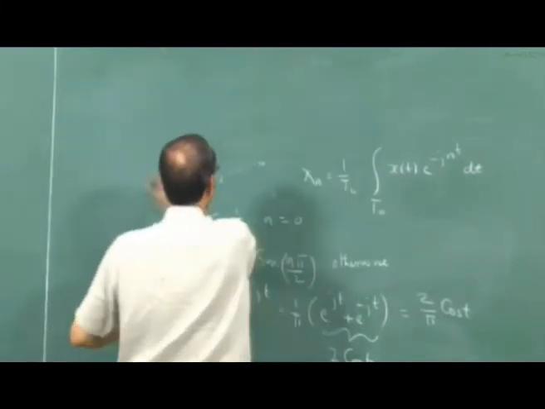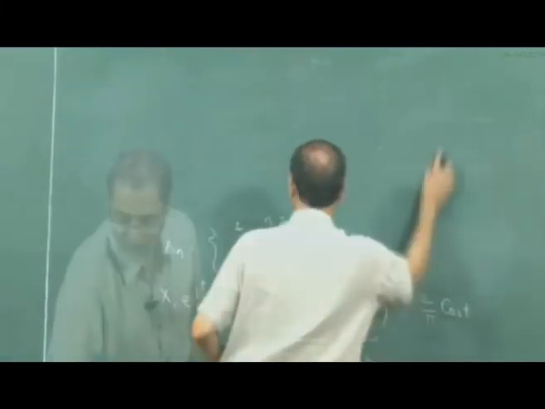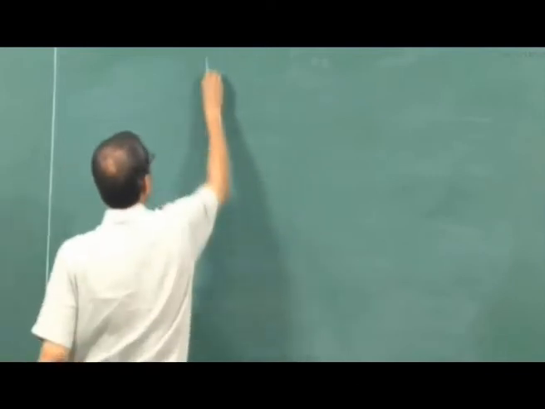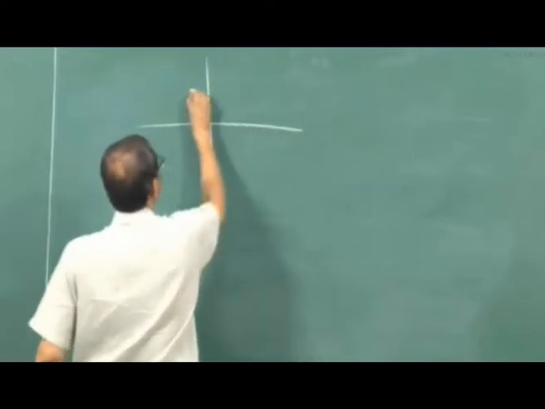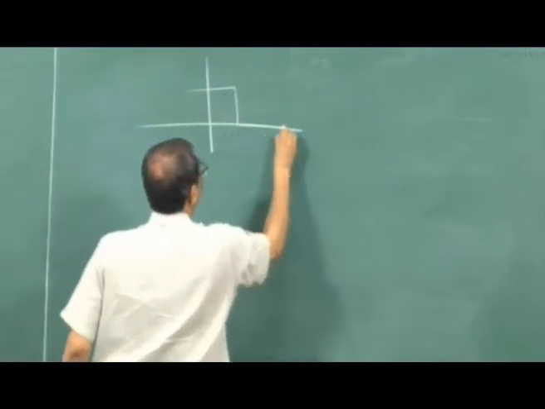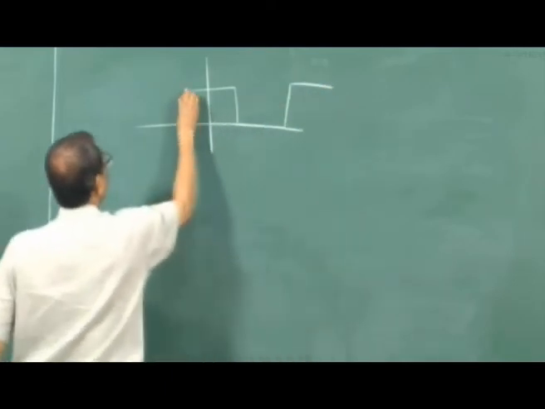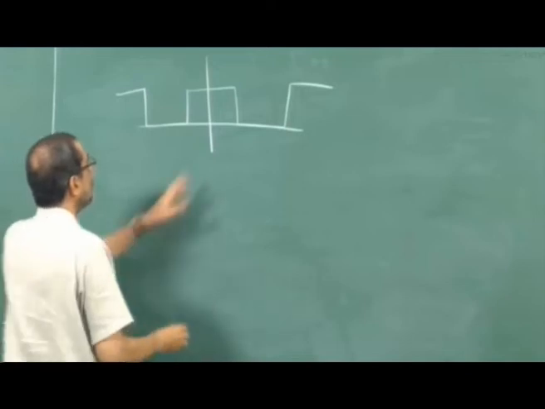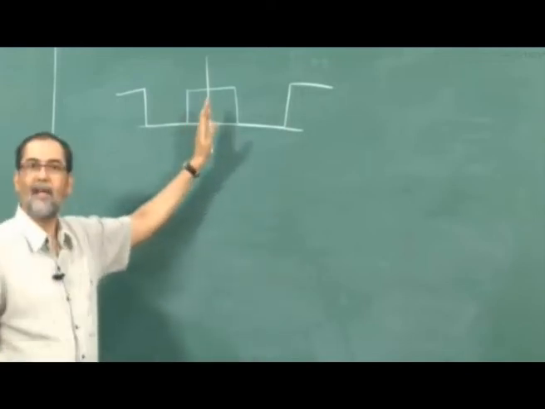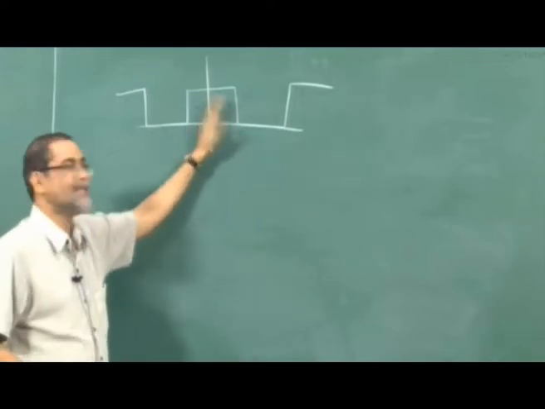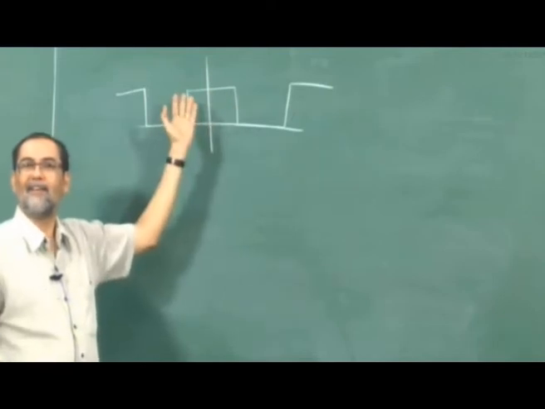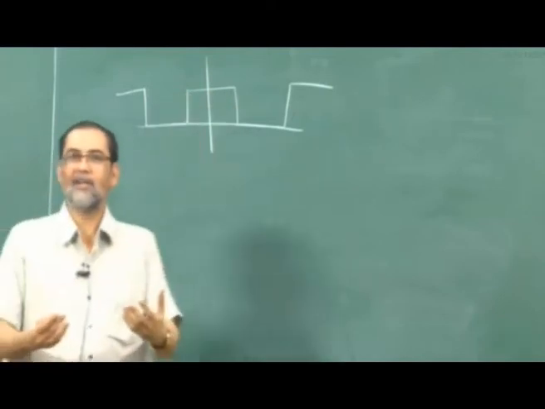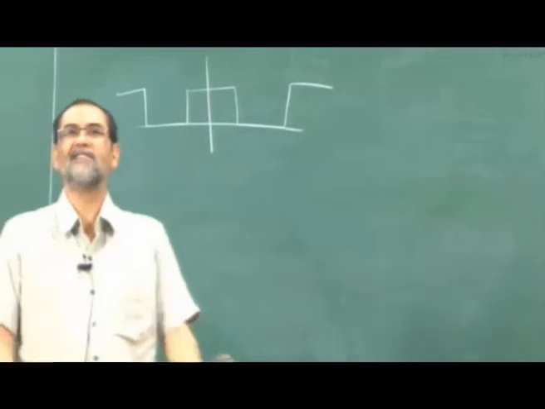I can show you in how many different ways I can draw this problem. The example I solved is like this. This is what I solved. You can see by PDF file. The nice thing about this is even symmetric. The example I solved, go back and check, is even symmetric.